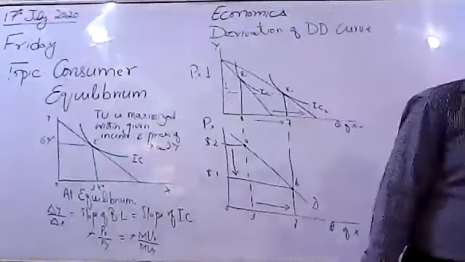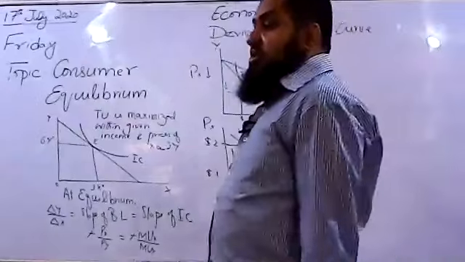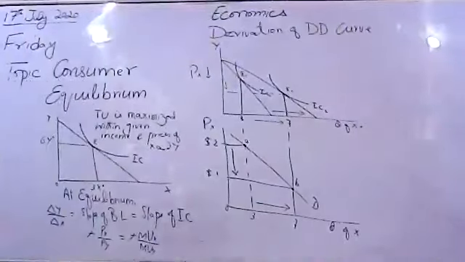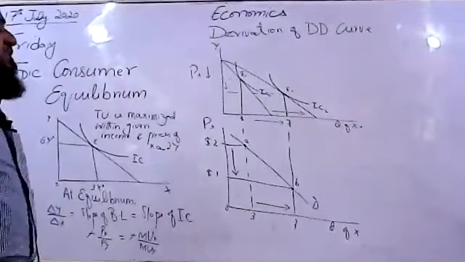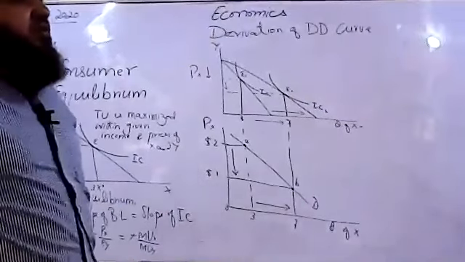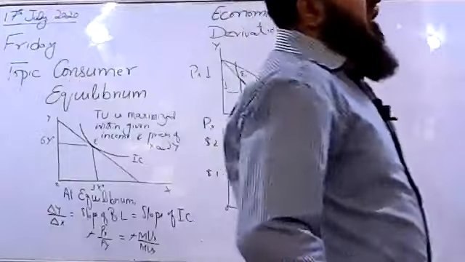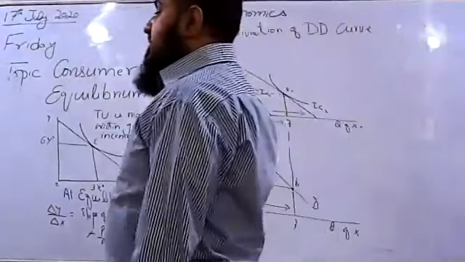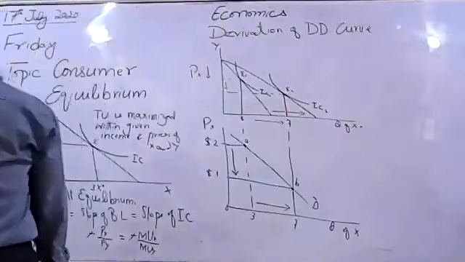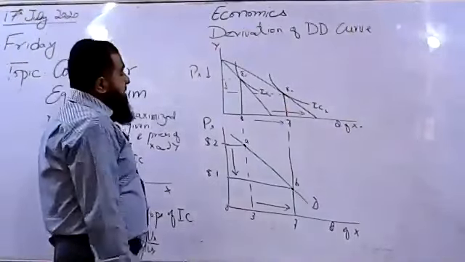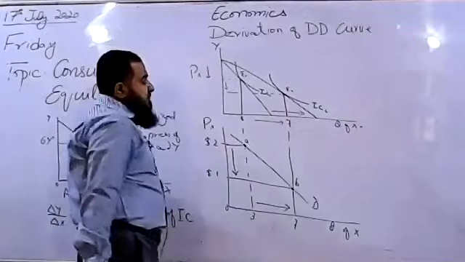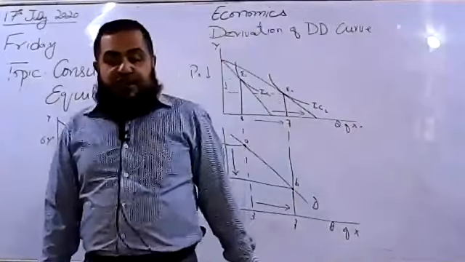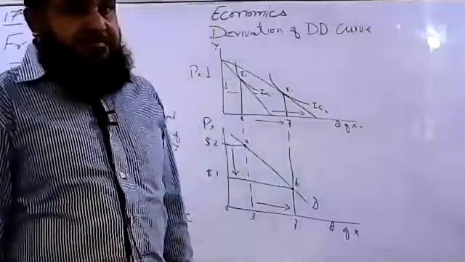Then we studied how his income consumption curve changes when his income changes, or when the prices of the two goods or one of the goods change, there will be a change in the consumption of that commodity. So we found the PCC or price consumption curve, and later on we have derived the demand curve from this consumer approach of indifference curve and budget line.